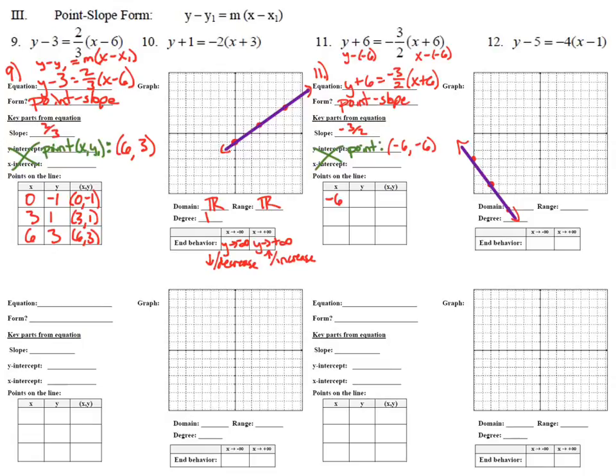So using the point that they gave us, -6, -6. And then I could figure out that I also have a point at -8, -3. And I could go the other way and say I have a point at -4 and then -9.